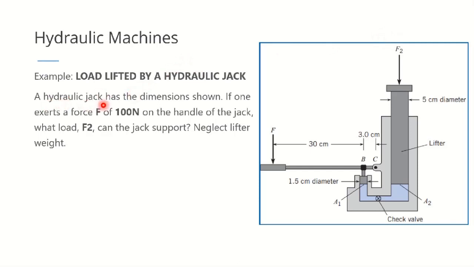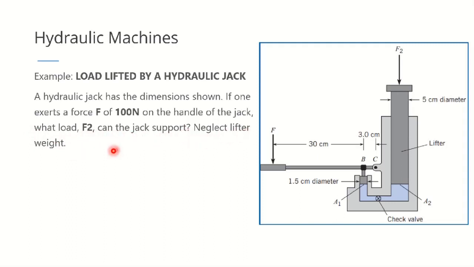Hydraulic jack has the dimension shown. So, we have 1.5 centimeter diameter piston number 1, and piston number 2 is 5 centimeter diameter. If one exerts a force F of 100 Newton on the handle of the jack, so 100 Newton daw itong F na to, what load F2 can the jack support?